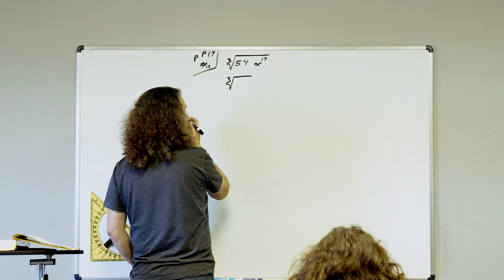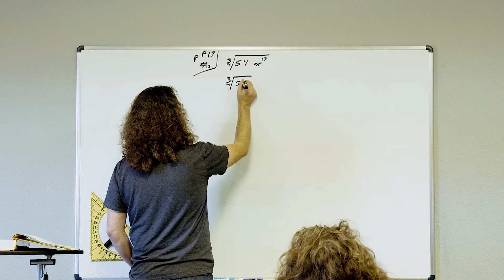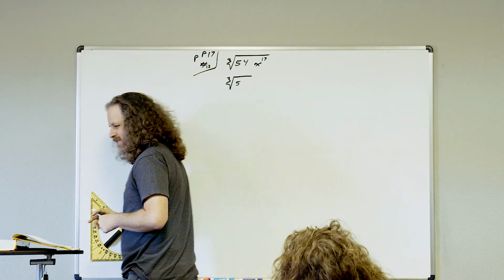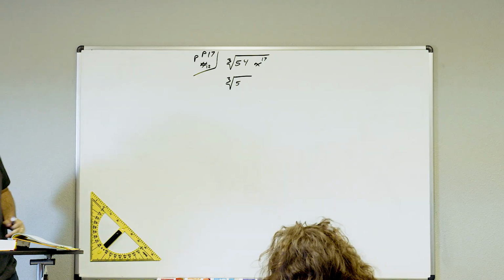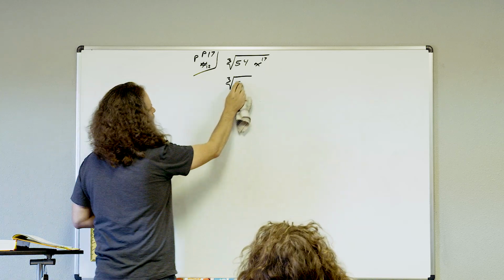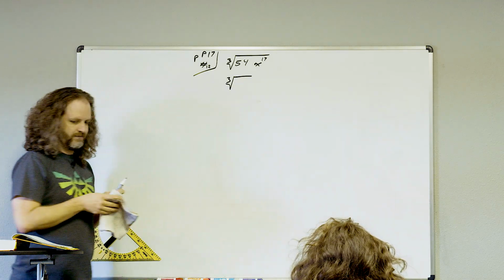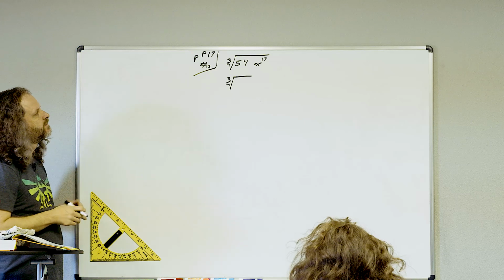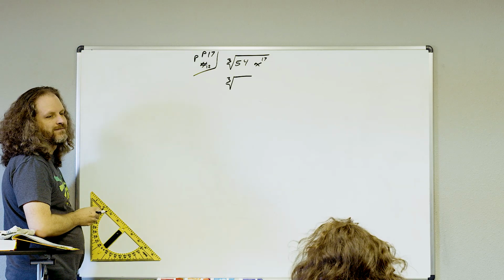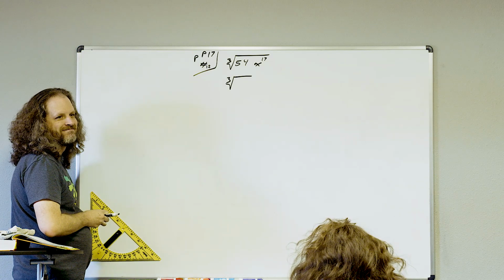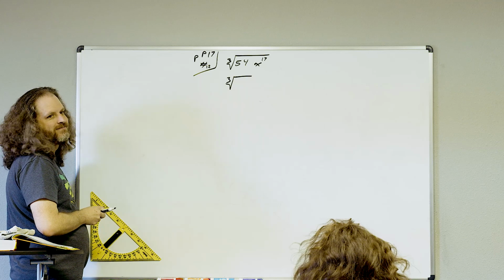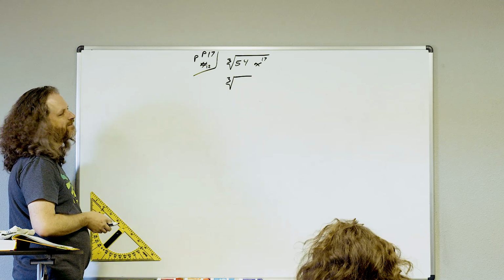Can we turn 54 into something that's going to give us a cubed in there? Not really, not by itself, right?